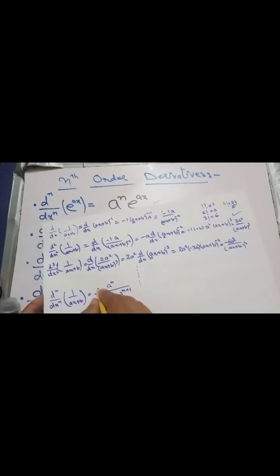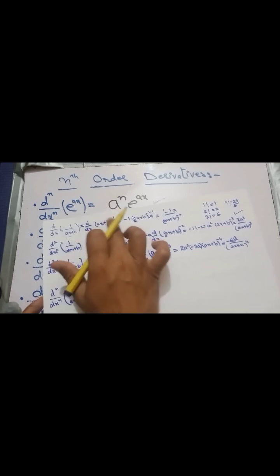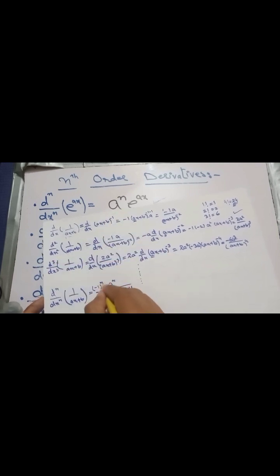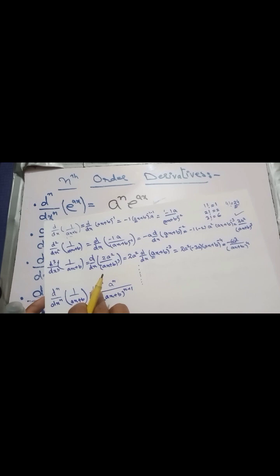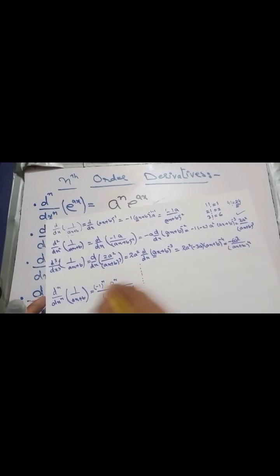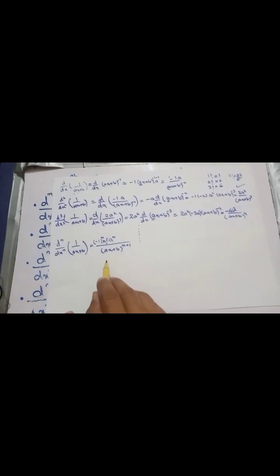So there is minus 1 as an alternating sign: first derivative minus 1, second derivative even power plus 1, and again n factorial. Hope you can understand this whole situation which we can observe through our pattern.